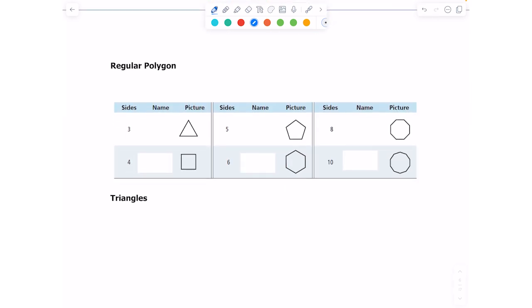So a specific type of polygon is a regular polygon. Regular polygons are polygons where all the sides have the same length and all the interior angles are equal. Same length we call congruent. Congruent just means equal. You can have congruent line segments, congruent sides, congruent angles.